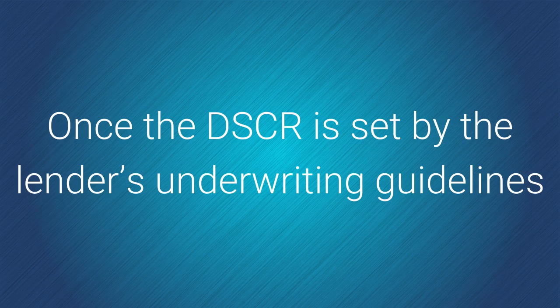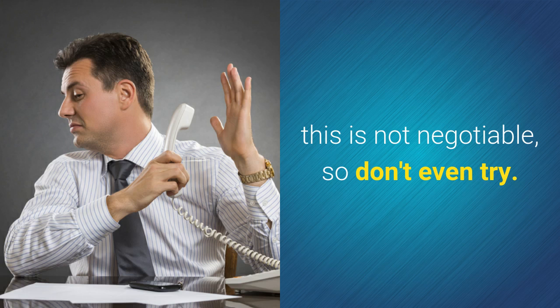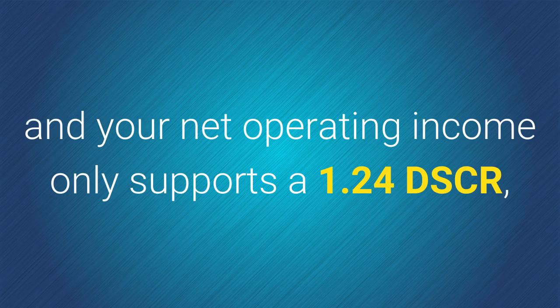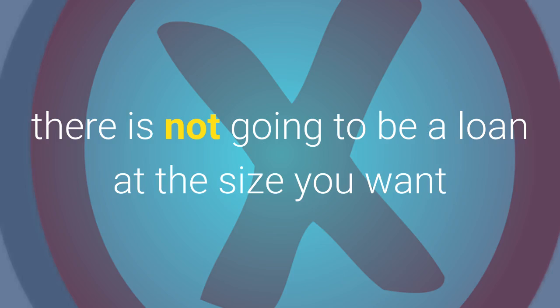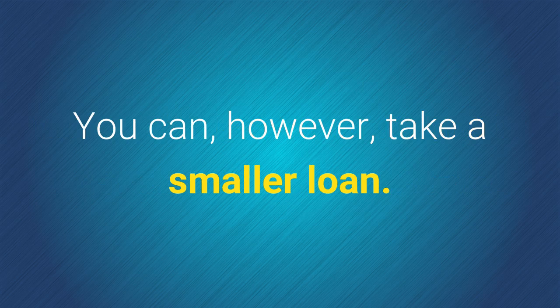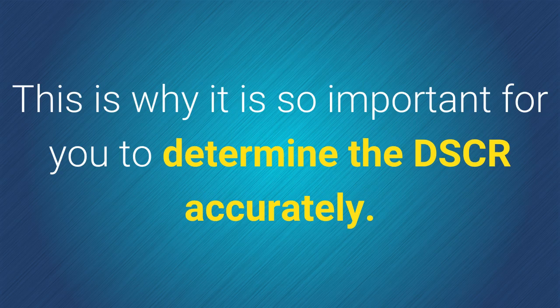Once the DSCR is set by the lender's underwriting guidelines, this is not negotiable, so don't even try. If your loan requires a 1.25 DSCR and your net operating income only supports a 1.24 DSCR, there is not going to be a loan at the size you want unless the lender is willing to decrease the interest rate. You can, however, take a smaller loan. This is why it is so important for you to determine the DSCR accurately.